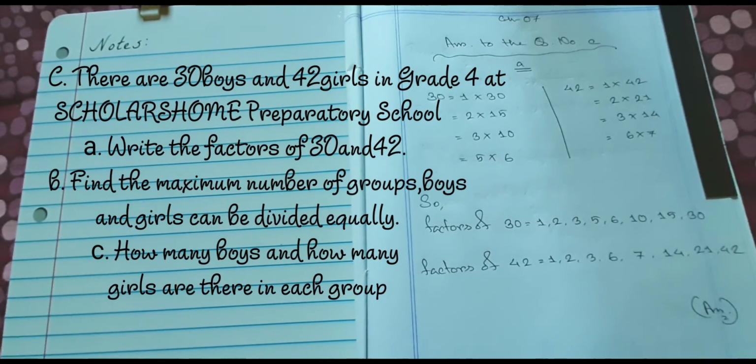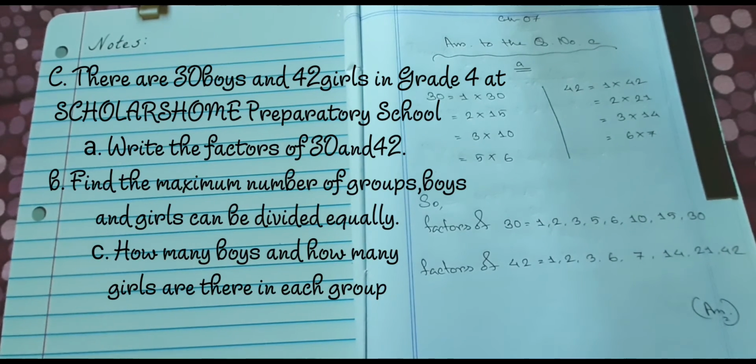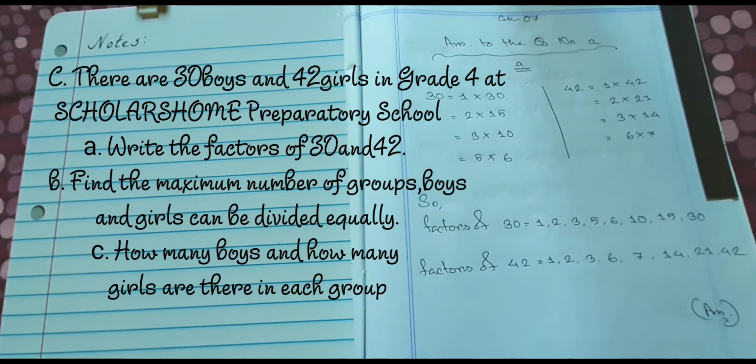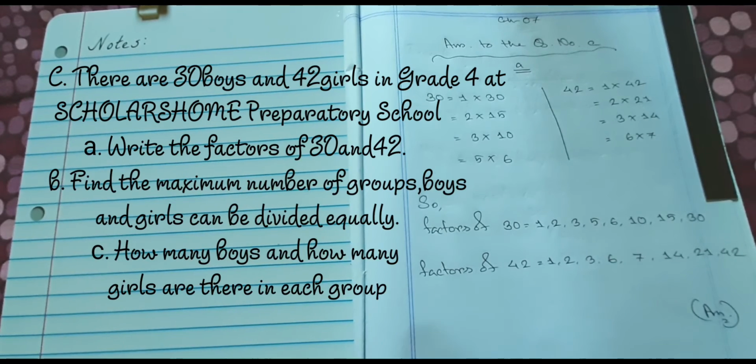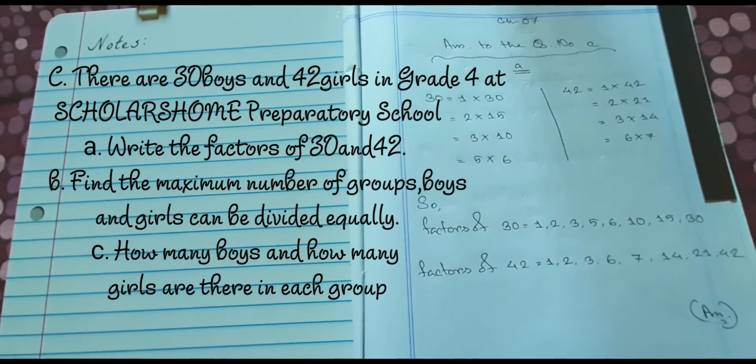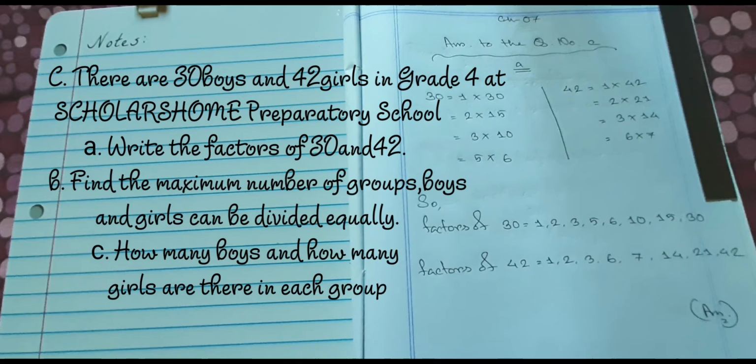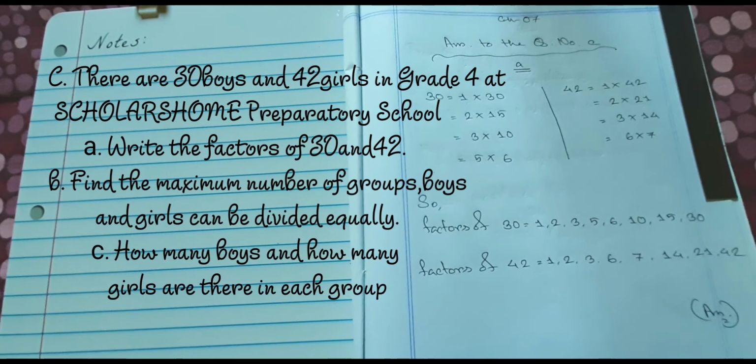The C number question, actually it was, I think it was a bad idea marking them as A, B and C, but here you can see the question. There are 30 boys and 42 girls in grade 4 in Scholarsome Preparatory School. Okay, just suppose, it's just made up maths.